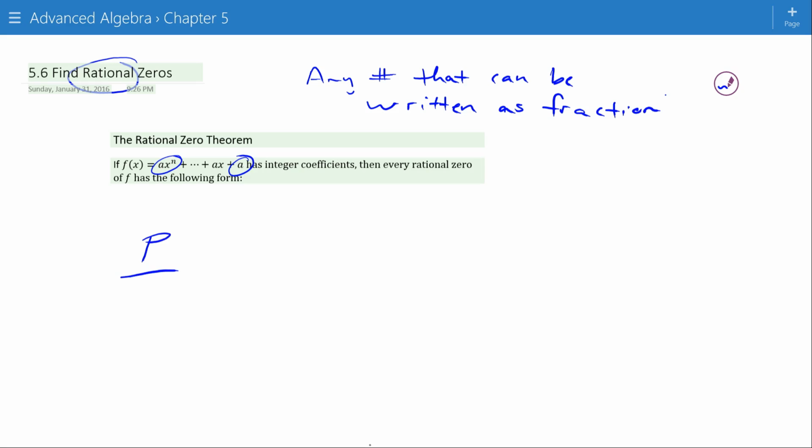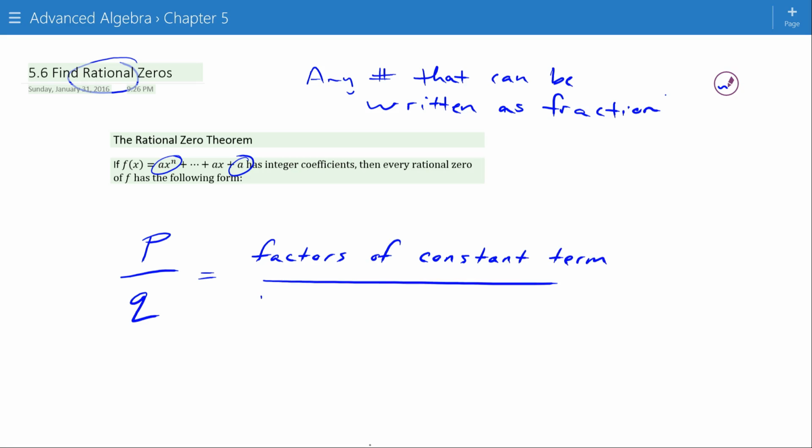You guys got to memorize this idea of P over Q. It's going to be very, very important for what we're doing. P is going to stand for something really specific. It stands for the factors of your constant term. So any factors of whatever that constant term is. So if the constant term is 9, your factors would be 1, 3, and 9. Right? And Q is going to be factors of the leading coefficient.